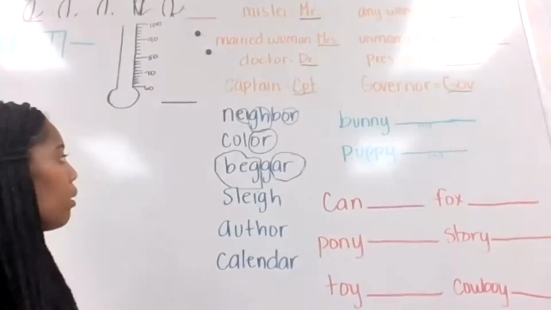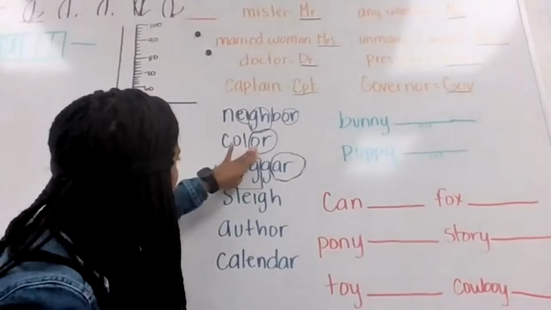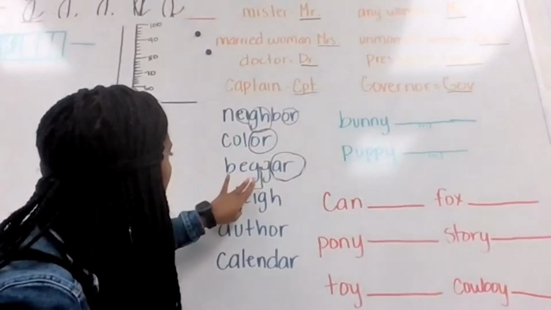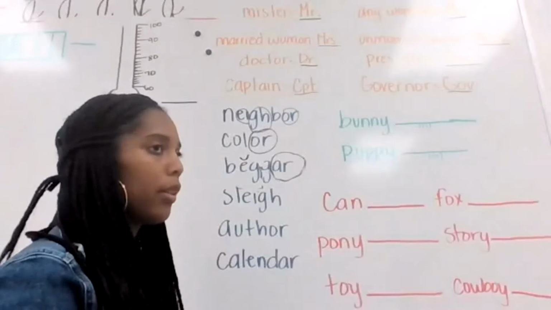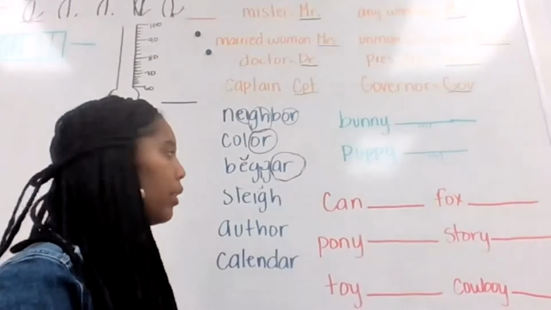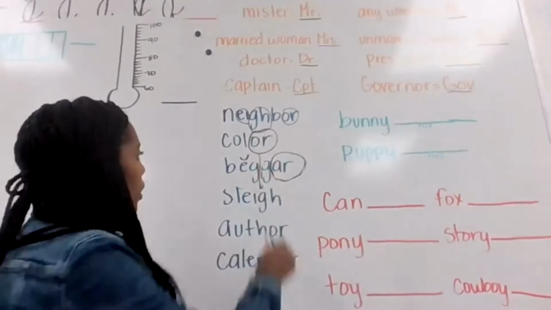What's the word? This is not a sound, just A-R-R, but you mark this E, but you can divide the syllable too.